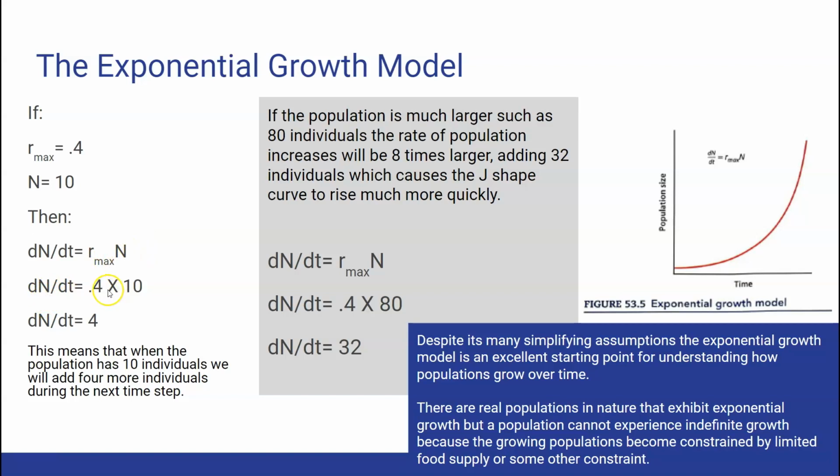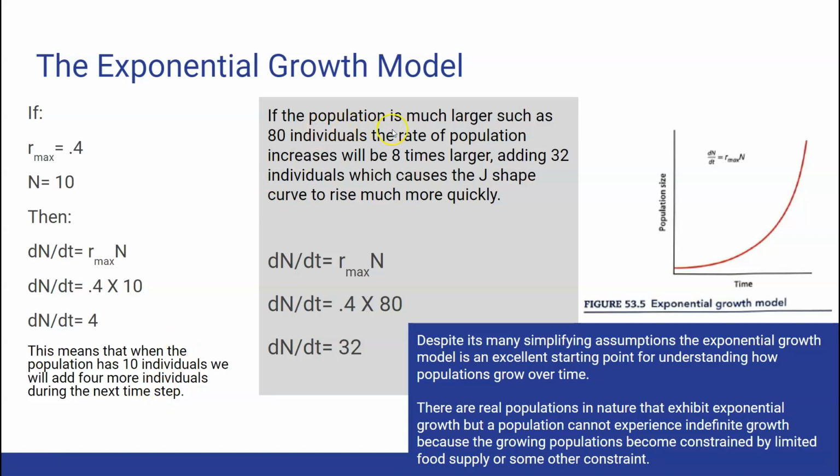So 0.4 times 10 in this particular case, then the change in population over time is 4 individuals over that year. This means that when the population has 10 individuals, we will add 4 more individuals during the next time step.